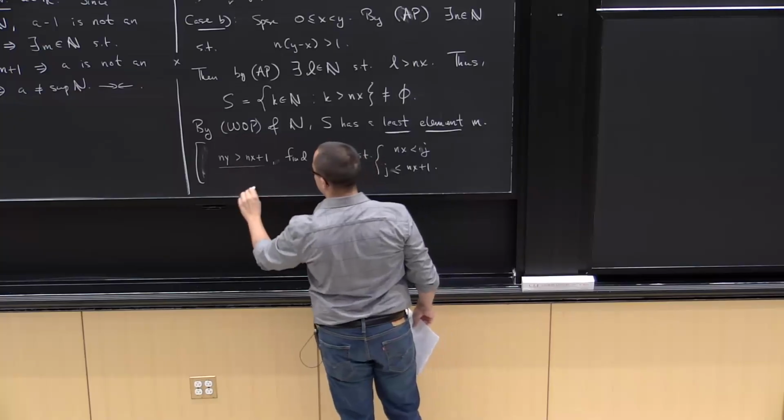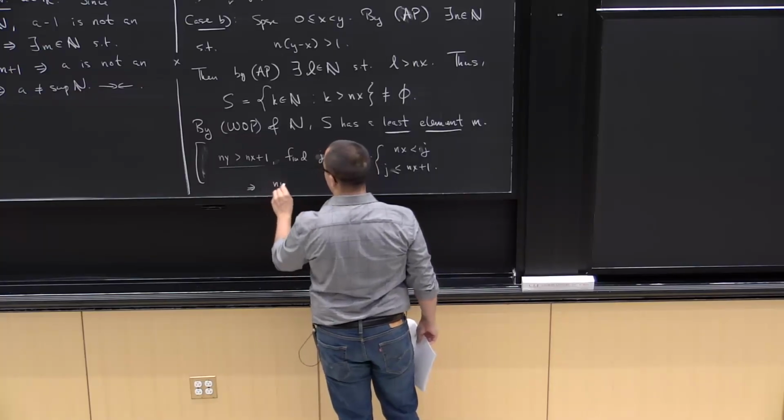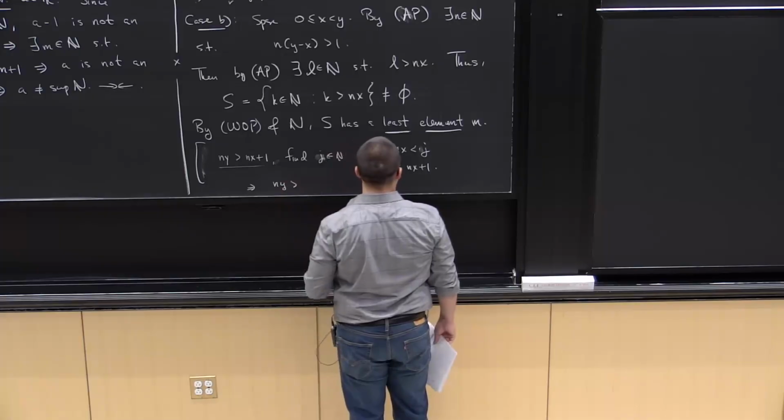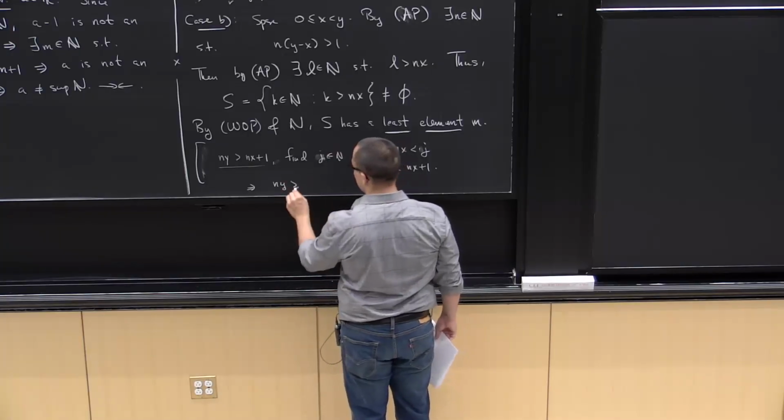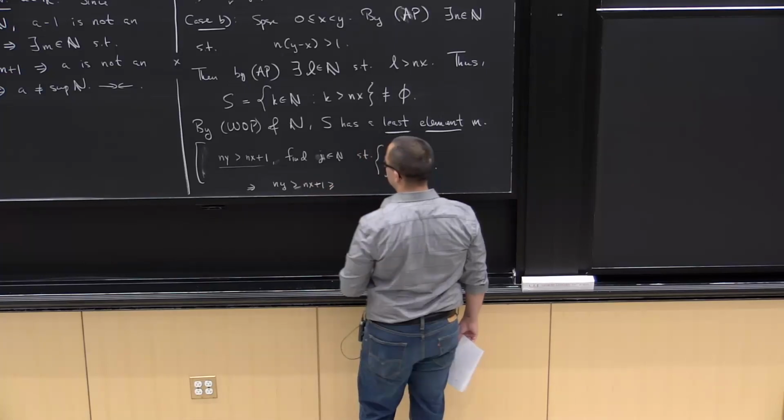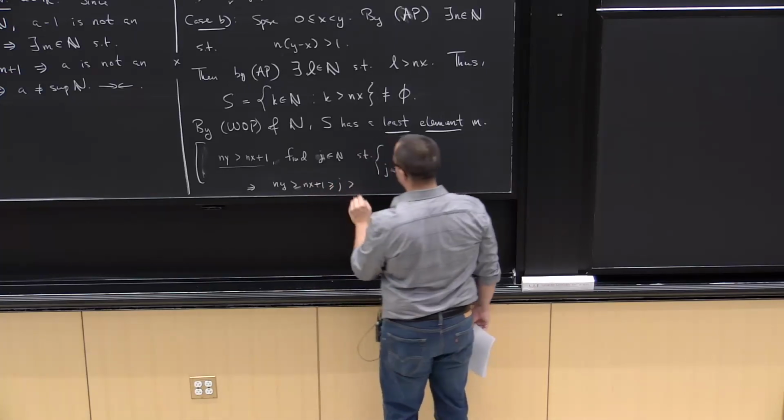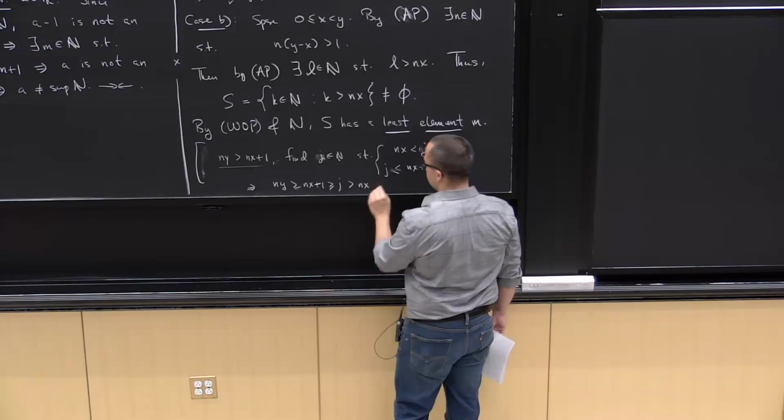So if we're able to find such an integer j satisfying these two inequalities, then we would get that ny is bigger than nx plus 1, which is bigger than or equal to j, which is bigger than nx.